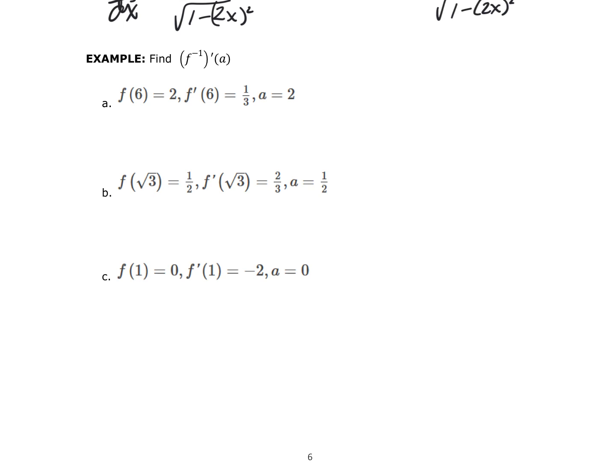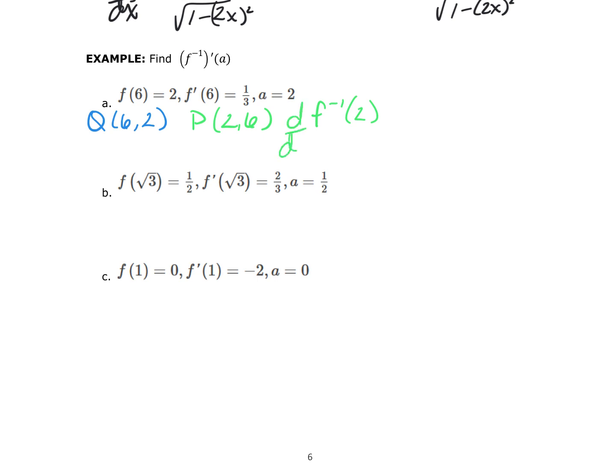Okay, so here, it's kind of different, kind of same, kind of different. They're telling you my input is 6 and my output is 2. This is my Q. My P would be (2, 6). What they want me to find is the d/dx of f inverse of 2.